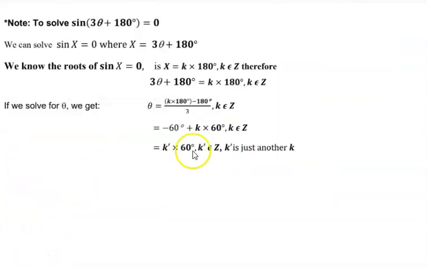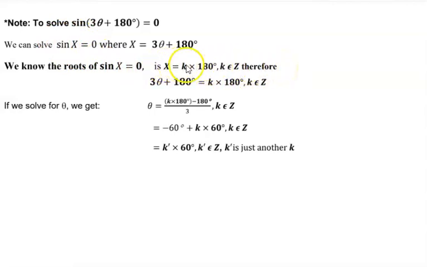As a bonus, I've helped you to solve this equation here, sine of 3 theta plus 180 degrees. So what I normally do is I put that 3 theta plus 180 degrees equal to x, and then I'm back at my original sine, my mother function sine x equal to 0, which I know the answers of.